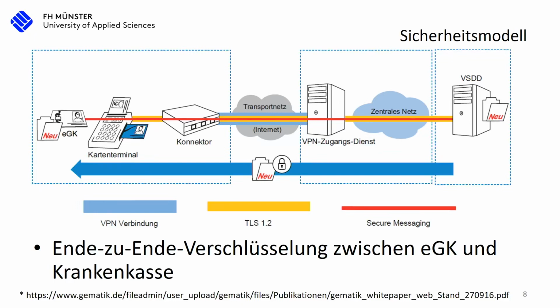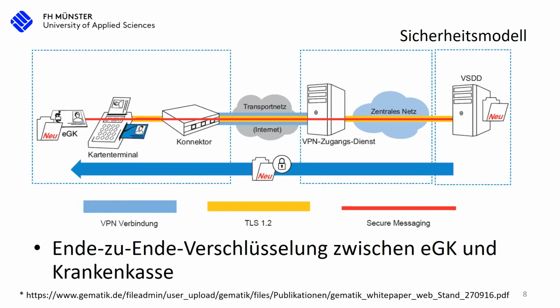So on the very right, you have an insurer's server. It is attached to a central network. On the very left, you see the insurer card. In the middle, you see a VPN connector, a card terminal, and insurer's VPN endpoint.